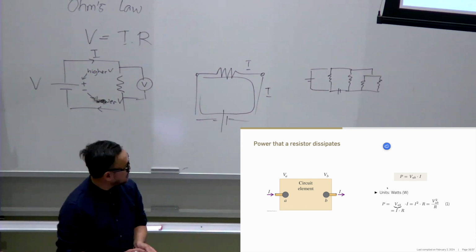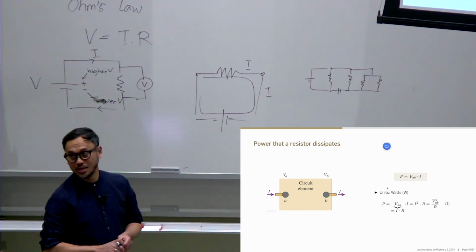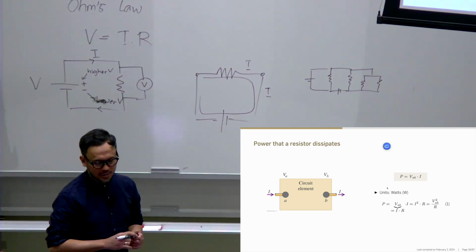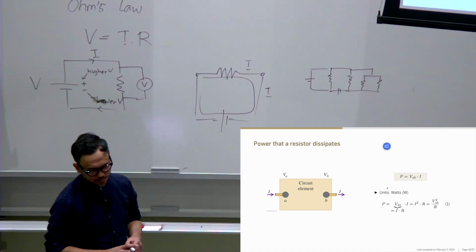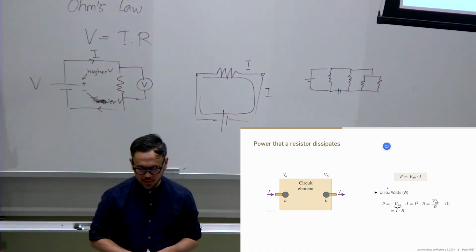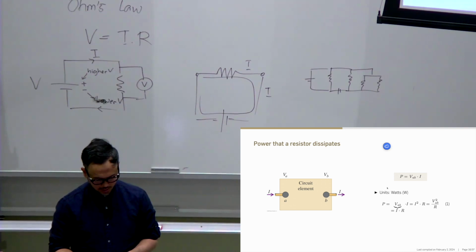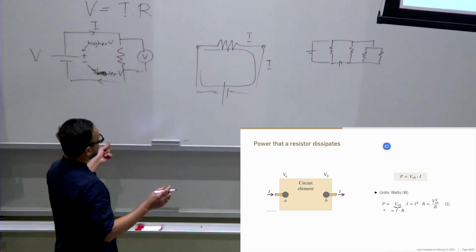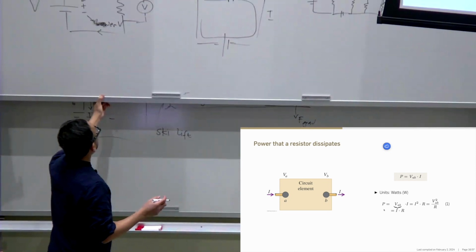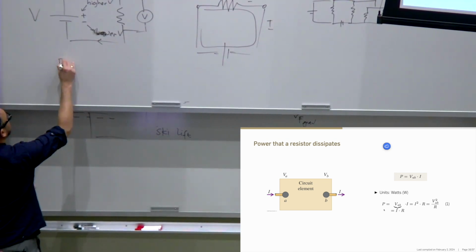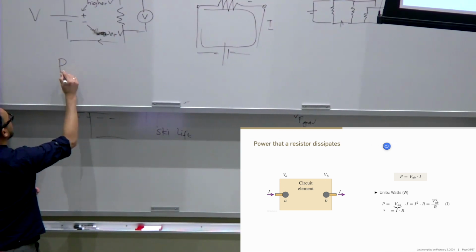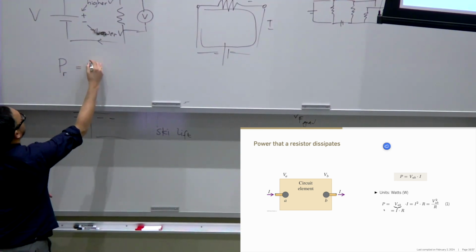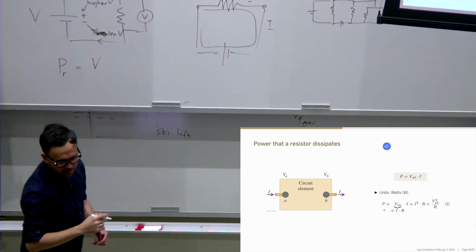So what is power? What is power in physics? Power is energy divided by time. So energy per unit time, the unit is watts. So for a resistor, the power that the resistor dissipates is equal to V times I. It's the same thing.